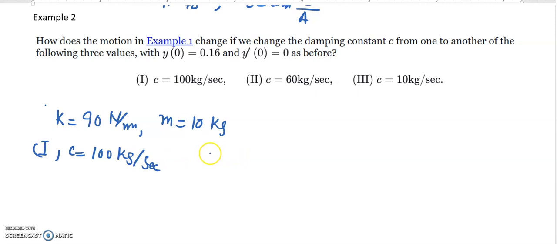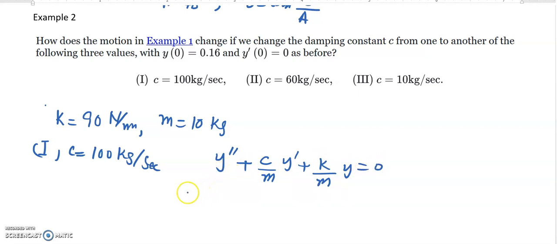So the general equation is y double prime plus c over m y prime plus k over m y equal to 0. So we have y double prime plus 100 over 10, which is 10, y prime plus k over m, which is 9, y equal to 0.